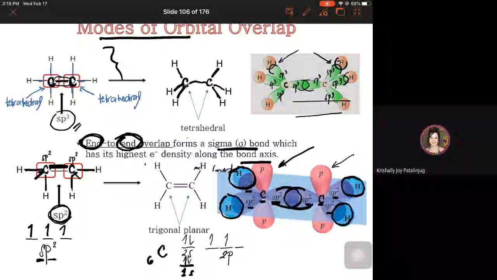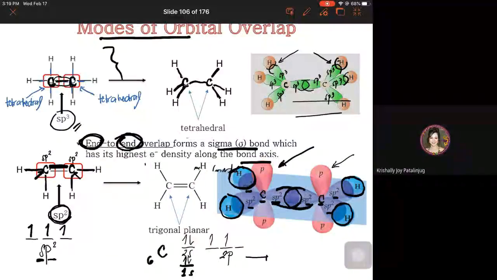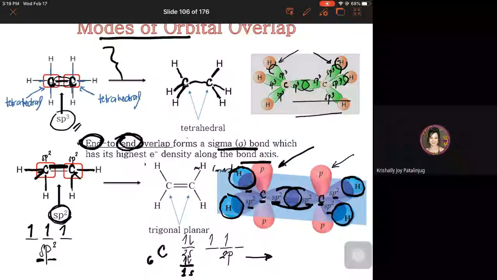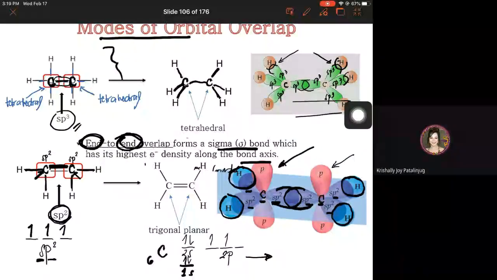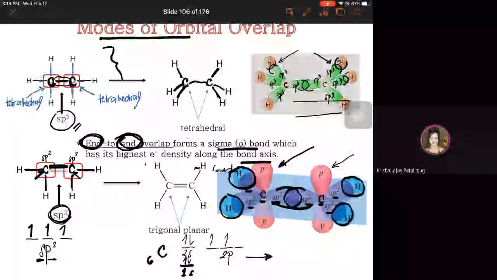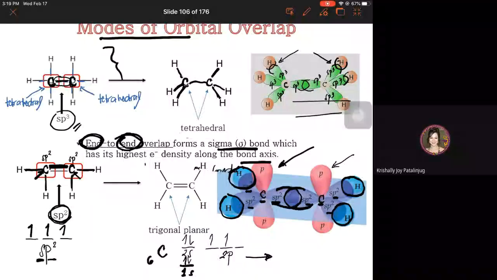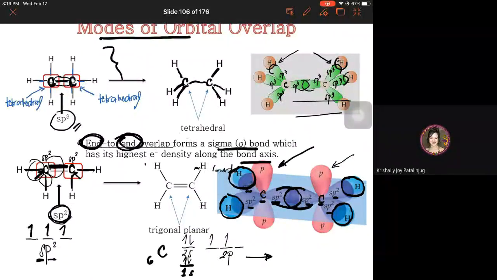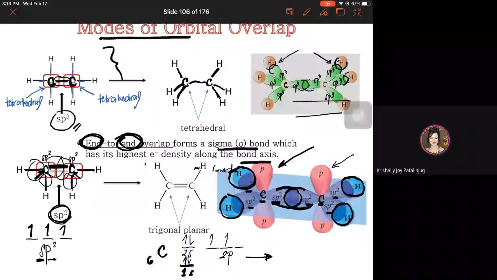So, merong 4. Nag-mix tayo. Bakit yung mixing hindi sp3, sp2 lang? Kasi, for this example, tatlo lang yung electron groups for each carbon.